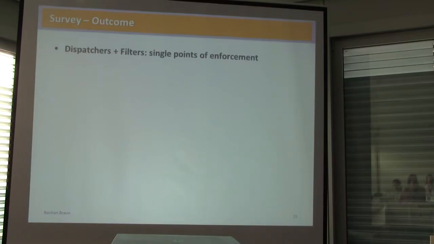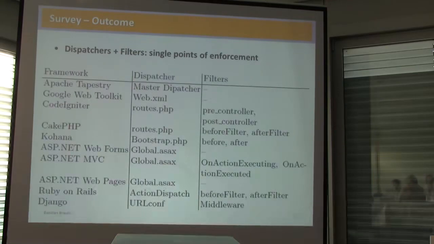So, another good news, more or less, is that most of the frameworks actually provide single points of enforcement. They don't implement these modules that we wanted to see, but the basis is there already. So what they have is dispatchers, and most of them even have so-called filters, which filter incoming requests and outgoing responses.